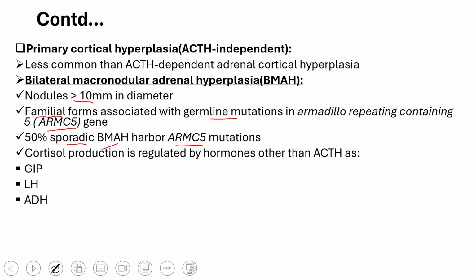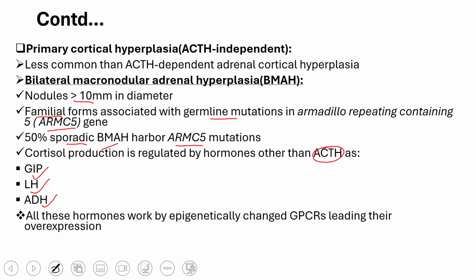And cortisol production is not regulated by ACTH, rather it is regulated by other hormones like gastric inhibitory peptide, luteinizing hormone, and antidiuretic hormone. And all these hormones act by G protein coupled receptors. So any epigenetic changes that occur in the genes that code for these receptors result in their overexpression.